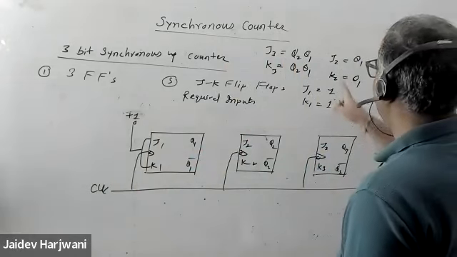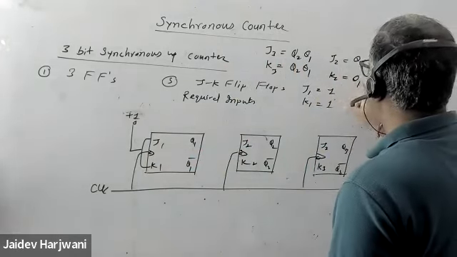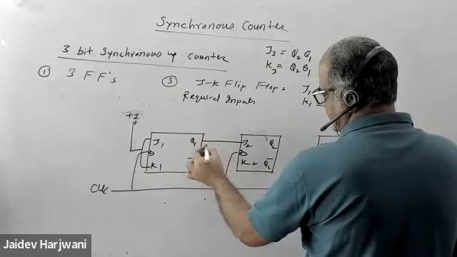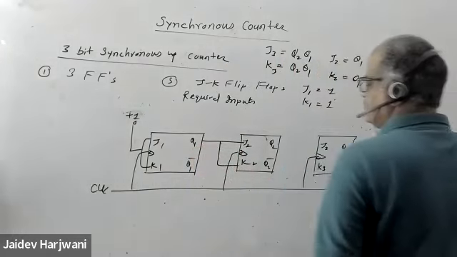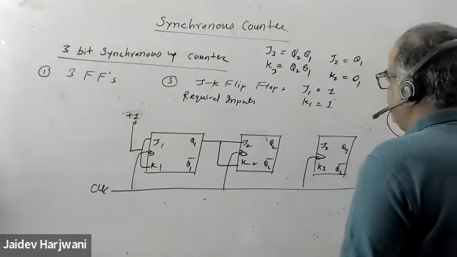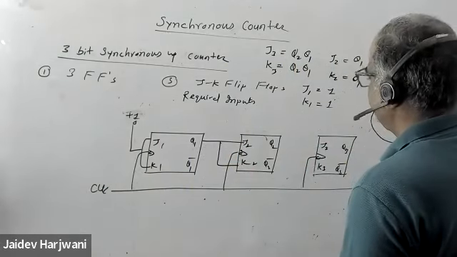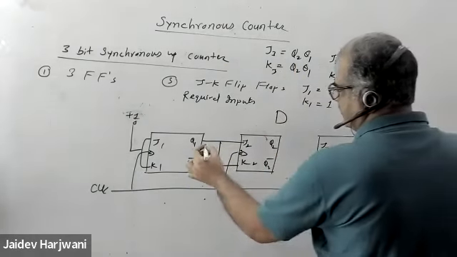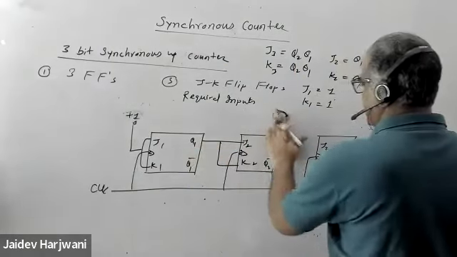Now your J2, K2 is Q1, Q1, so this will go here, and this will also go here. And then you have J3, K3 as Q1, Q2, so you make an AND gate.